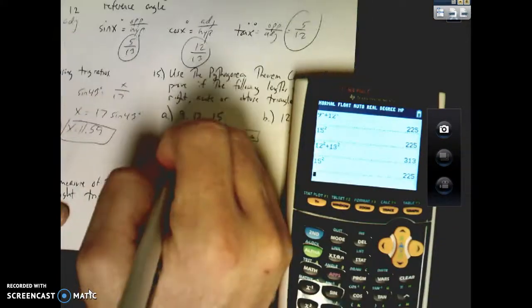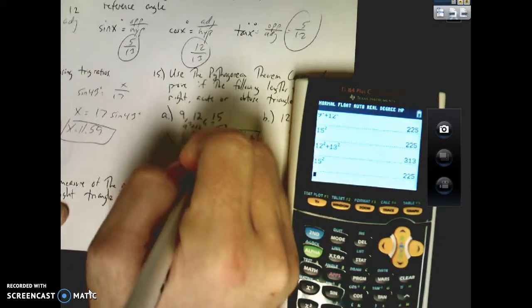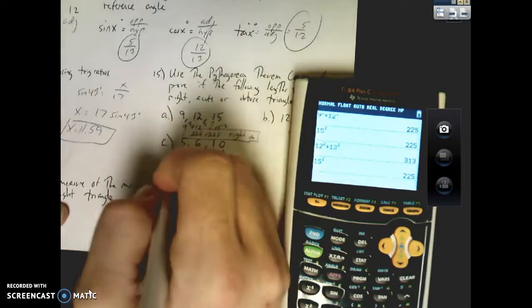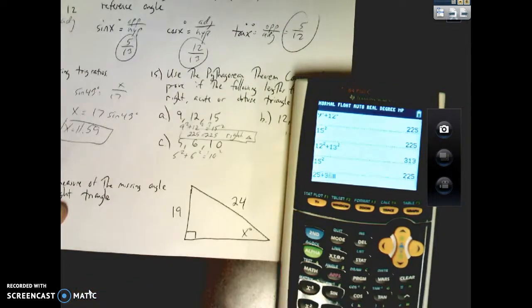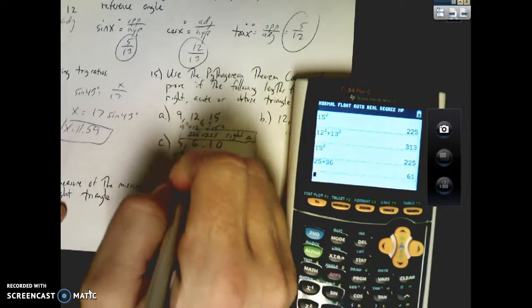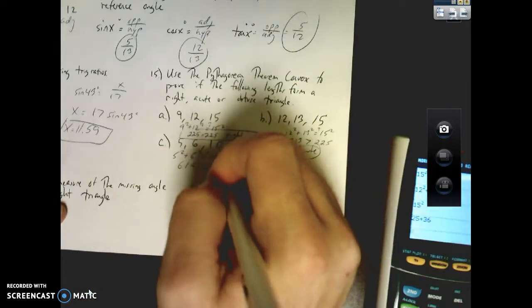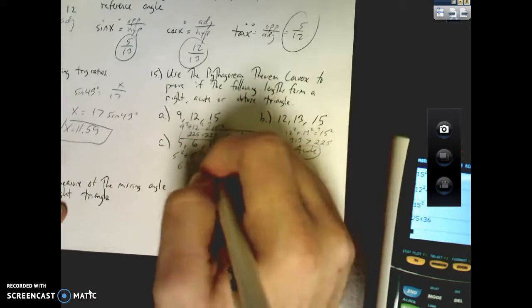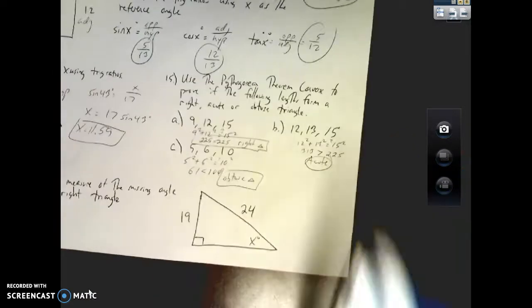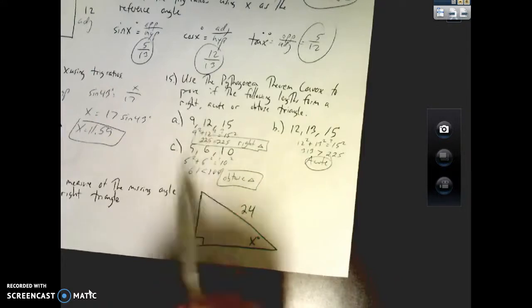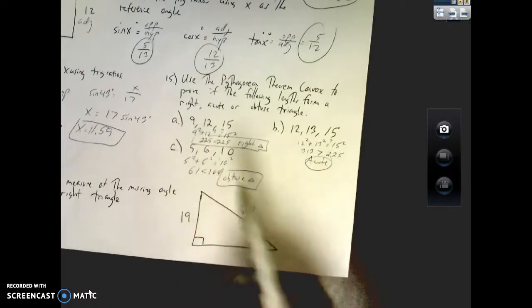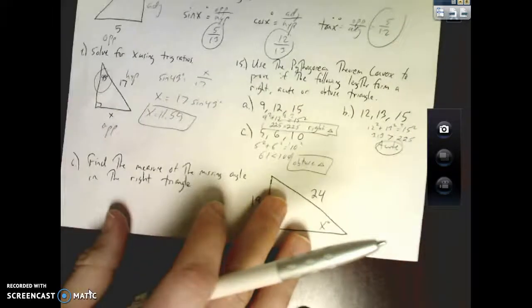And finally, 5 squared plus 6 squared, see if it equals 10 squared. 25 plus 36, 61 is less than 100. Because my c squared is larger, this is obtuse. Okay. I think you have to know those three. I know Pythagorean theorem is given to you, but I don't know if the converse is given to you, so please be aware of that.